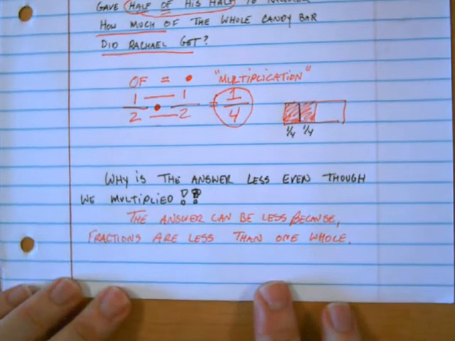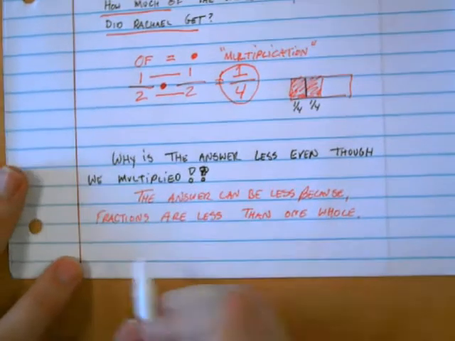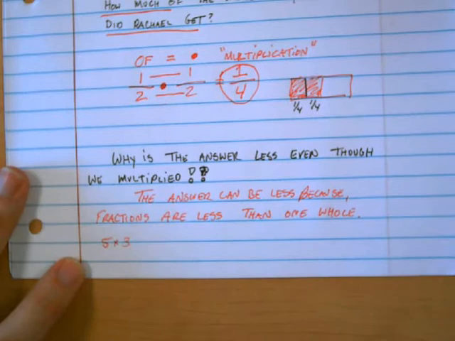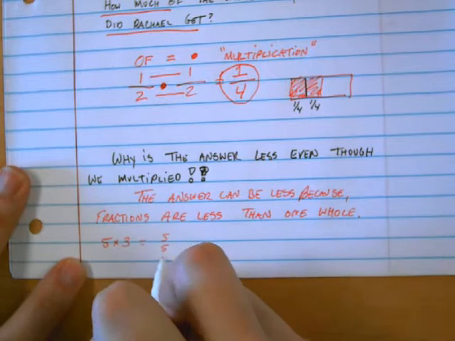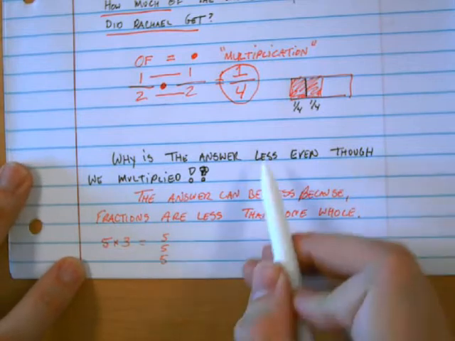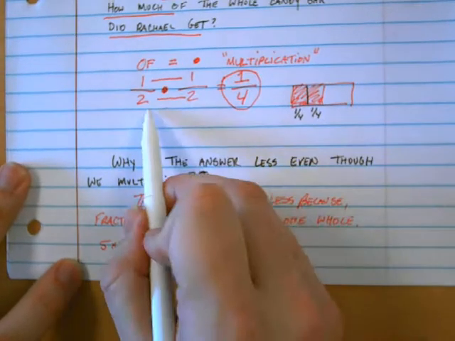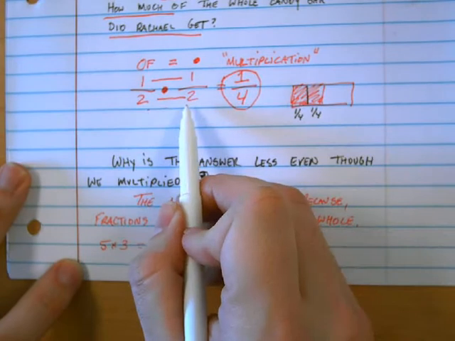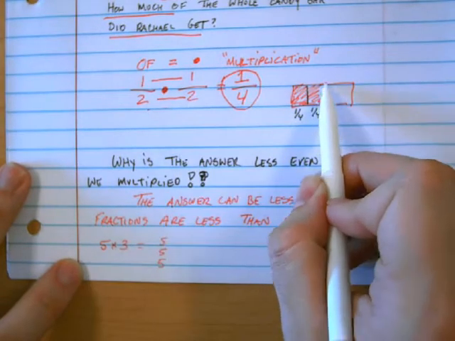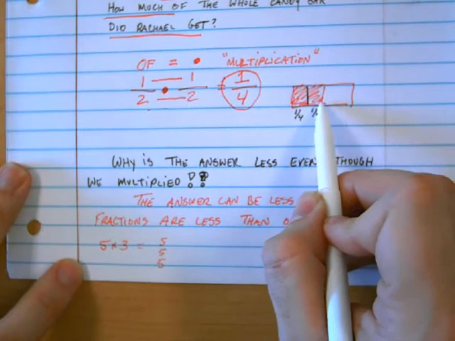If I think about something like 5 times 3, that would mean 5 groups of 3 or 3 groups of 5. So 5 times 3 would be 5, 5, 5, like that. Well, fractions work differently. Fractions work more like this up here. When I'm doing half of a half, I have only half of a group of half.